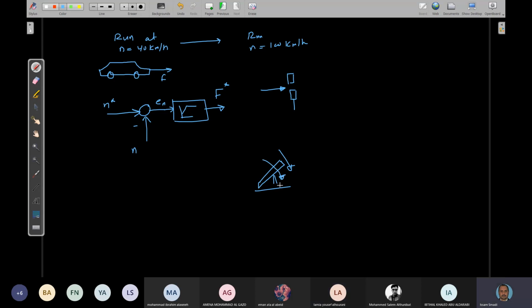And if you release your leg, so simply this is controlling the gate, right? So at the end of the day, you are controlling the force in order to control the torque. Sorry, in order to control the speed.